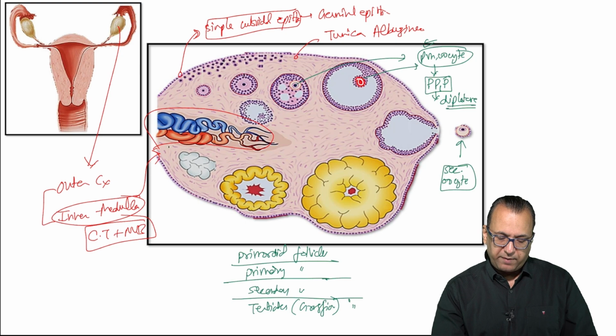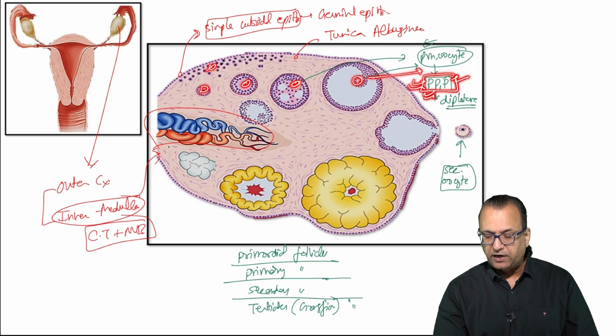So all these primary oocytes which you see here, all are primary oocytes only, except for this one which is secondary. So these primary oocytes, they are all PP1P. What is PP1P? Primary oocyte arrested in prophase 1 diplotene stage until puberty. Only at puberty you will start having LH hormone surge and primary oocyte can become secondary oocyte.